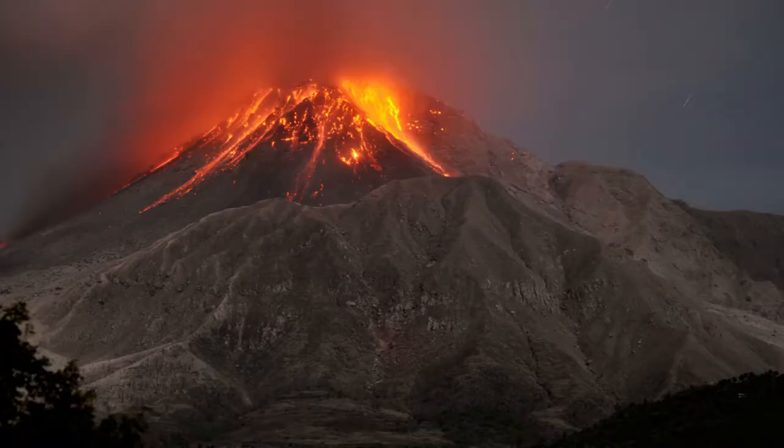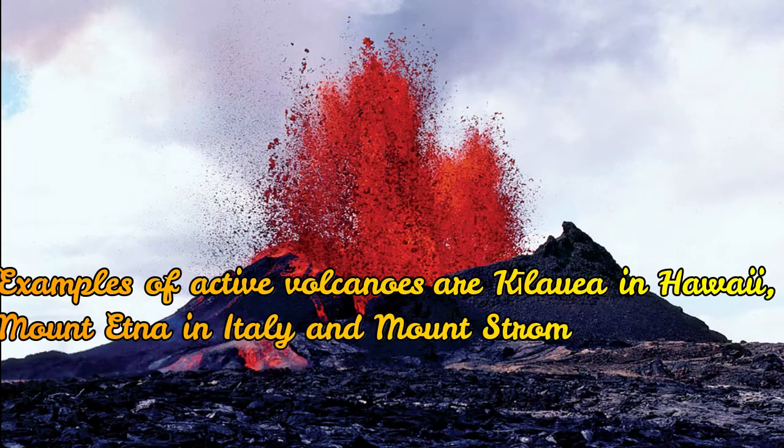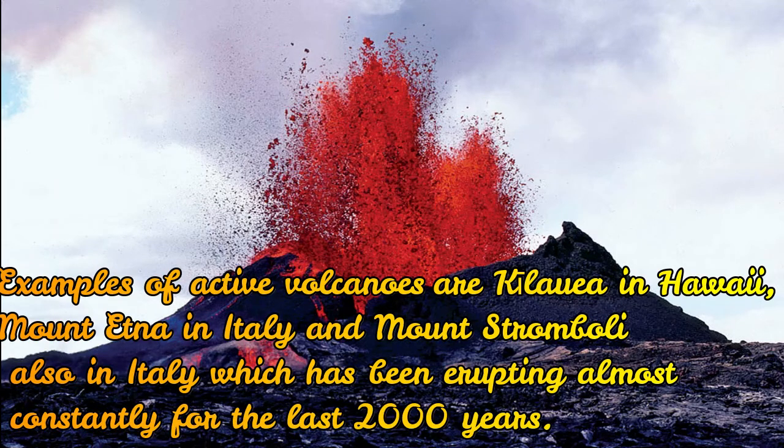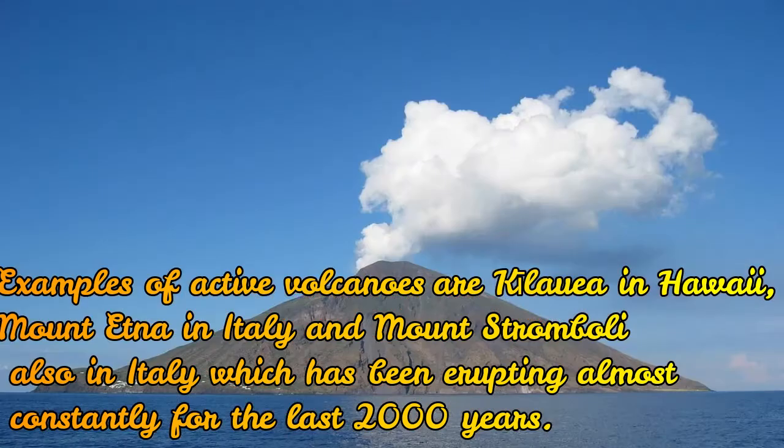These volcanoes are also the ones which are not presently erupting but have erupted in the past and are considered likely to erupt again in the future. Examples of active volcanoes are Kilauea in Hawaii, Mount Etna in Italy, and Mount Stromboli in Italy, which has been erupting almost constantly for the last 2000 years.